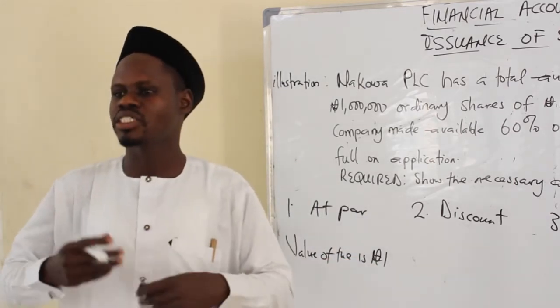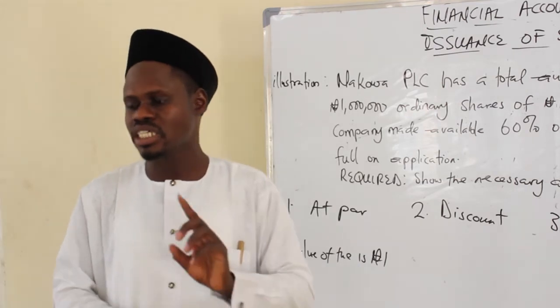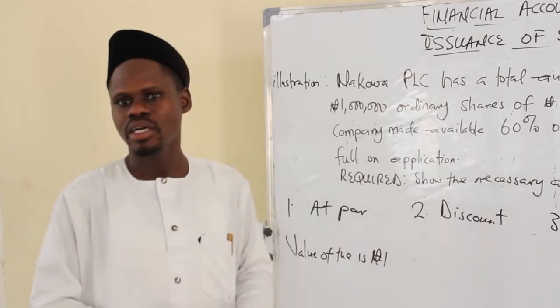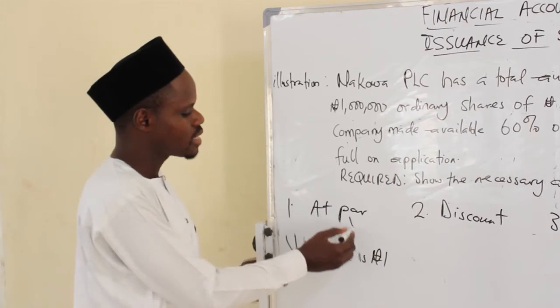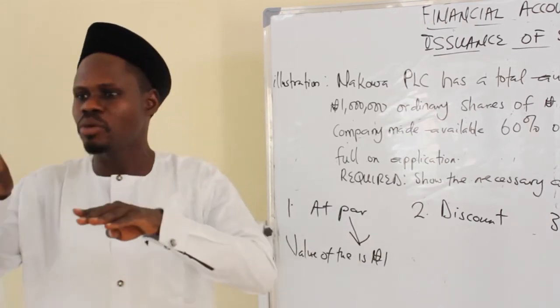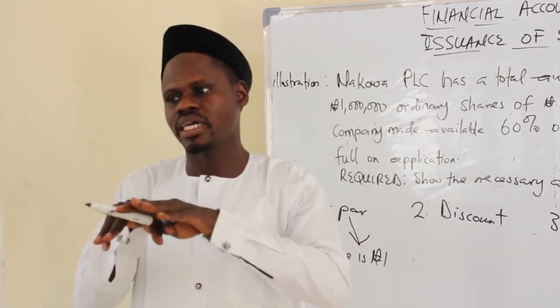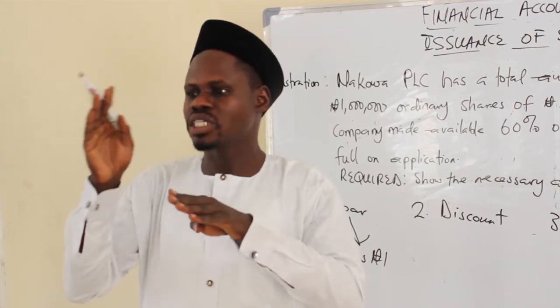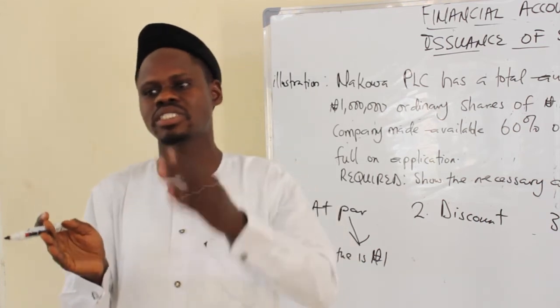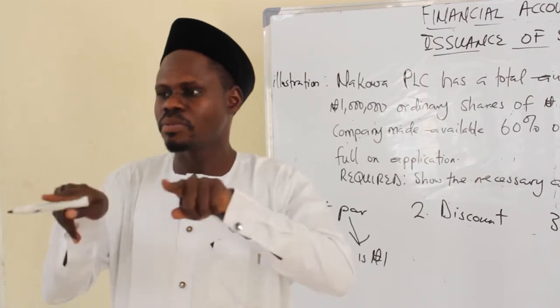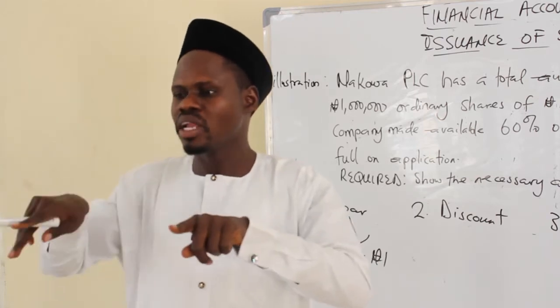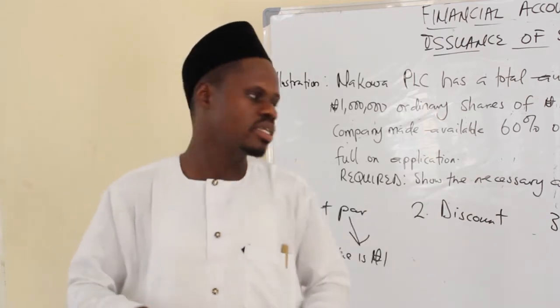So if the board of directors decide to sell the shares at 1 naira, then they are selling it at par, meaning the nominal value is equal to the market price. The value of the shares is 1 naira, the board of directors decide to sell it at 1 naira. It means the nominal value is equal to the market price.